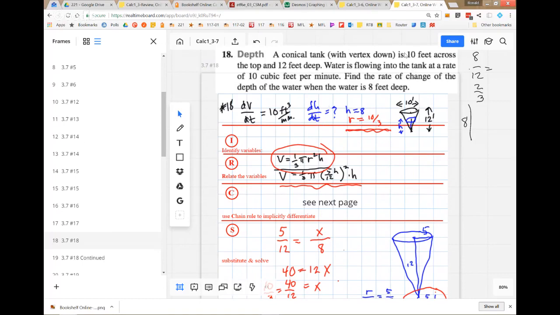and they told us that water is flowing into the tank at a rate of 10. So dV/dt is 10 cubic feet per minute. So now what relates all of this? The volume.